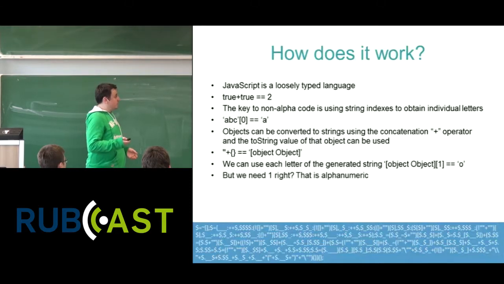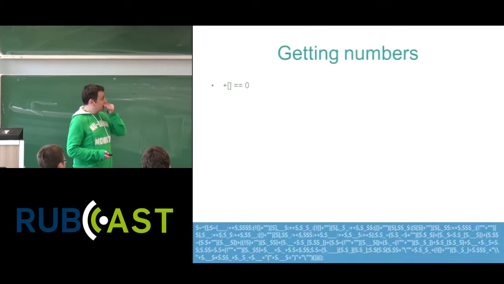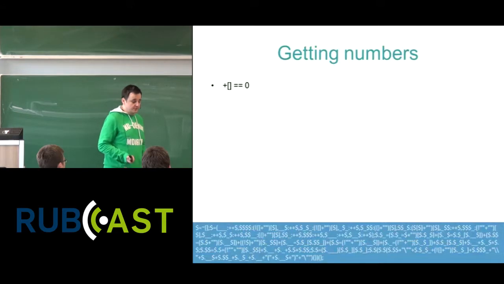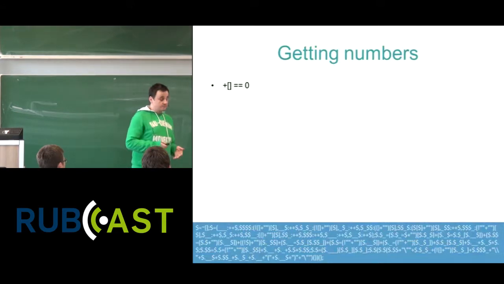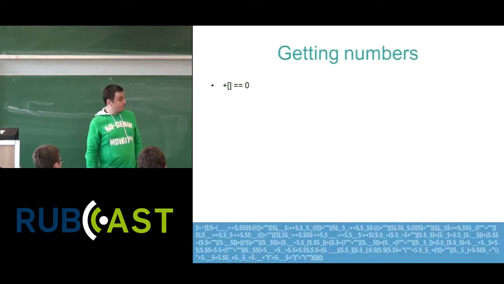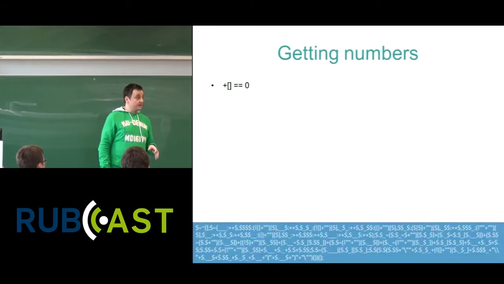So you need the number 1, and that's alphanumeric. So to get a number, because JavaScript's loosely typed, you can just use the infix operator and then just plus the array, and that becomes 0.